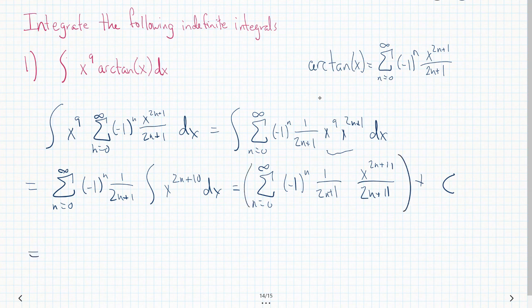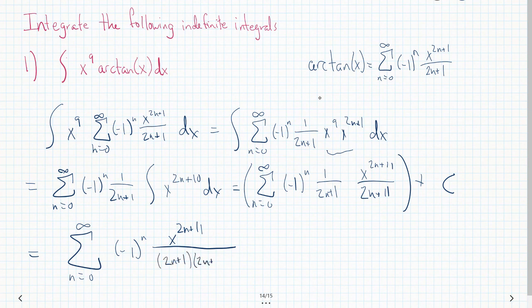So this whole integral, if we wanted to write a solution up, we get the sum n equals 0 to infinity. We have a negative 1 to the nth power. We have an x to the 2n plus 1, or 2n plus 11, my apologies. And then you have a 2n plus 1 and a 2n plus 11.